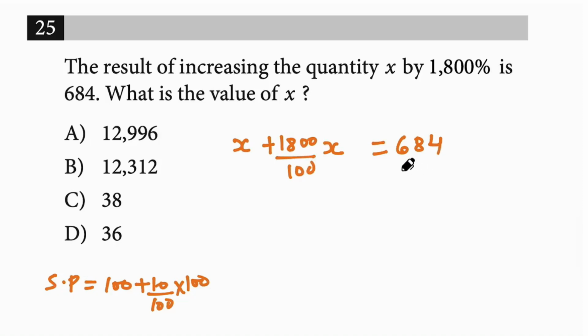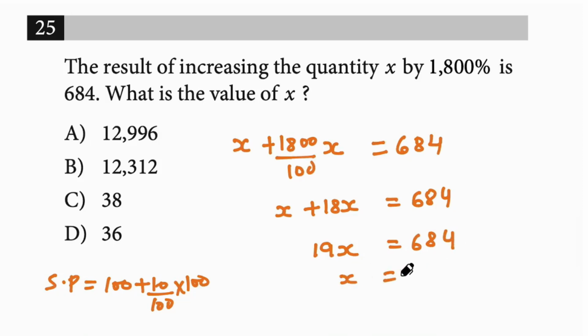And the next point is how we solve the equation, right? If I divide by 100 on both sides, it will be x plus 18x is equal to 684. So 19x is equal to 684.